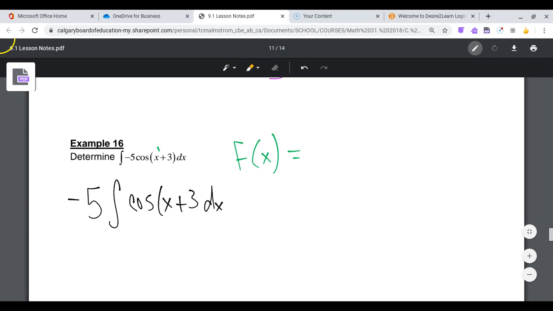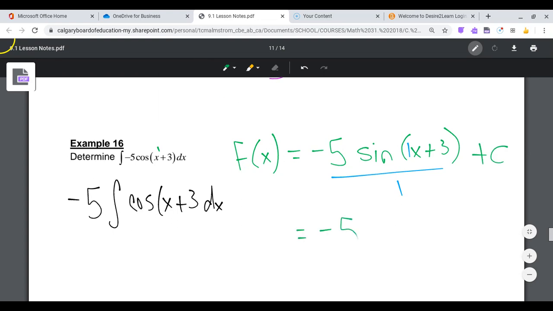So I have negative 5, and then what is the antiderivative of cos? It is sine of the same argument divided by whatever the coefficient of the x is, which happens to just be 1, so we don't need to write it, plus c. So that is negative 5 sine of (x plus 3) plus c.